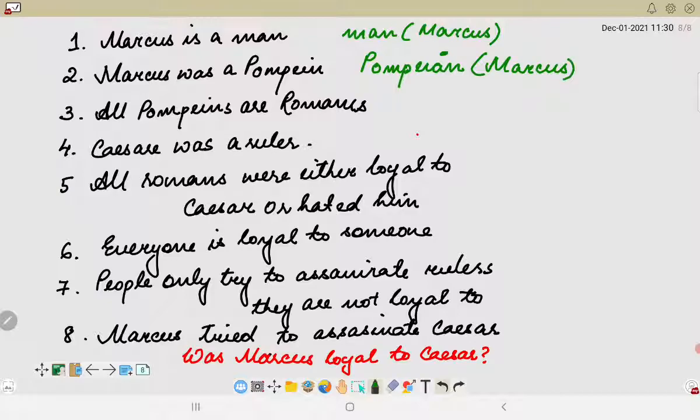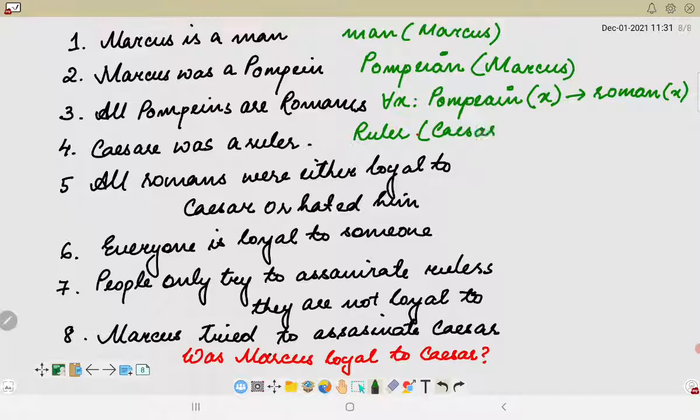Then all Pompeians are Romans. So here we can write that for all x, if x is a Pompeian, then x is Roman. So this is how we can represent this. The next one is that Caesar was a ruler, so ruler here is the predicate.